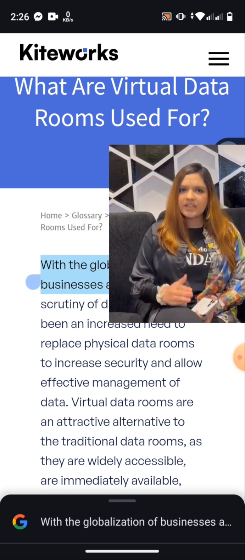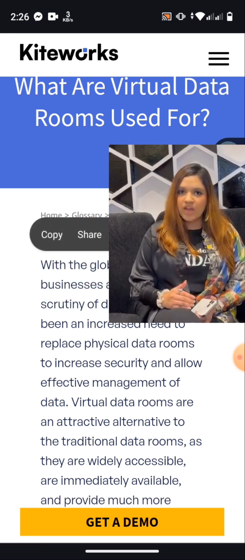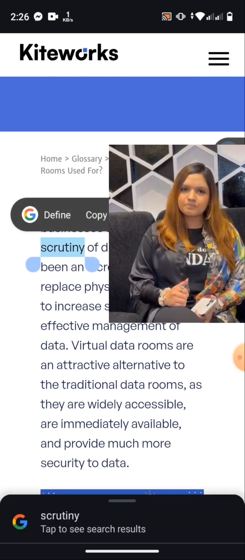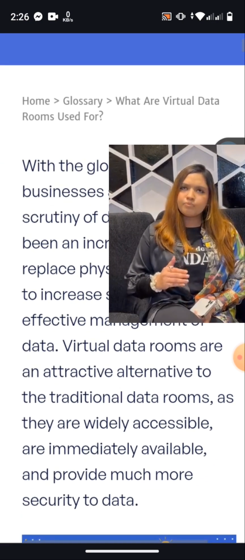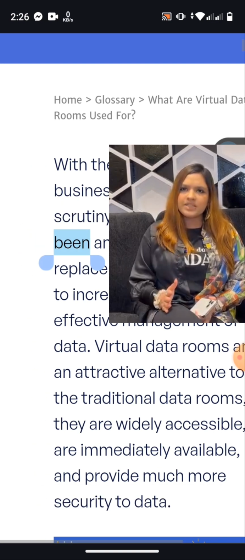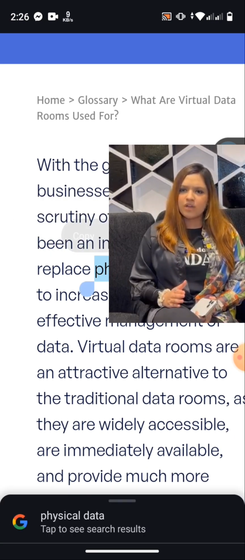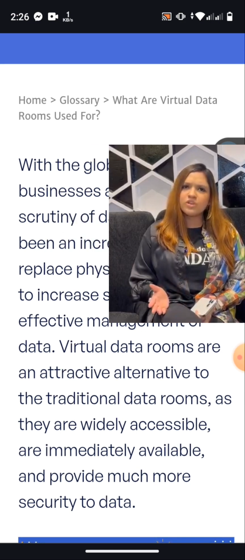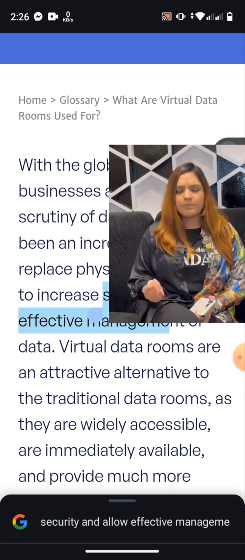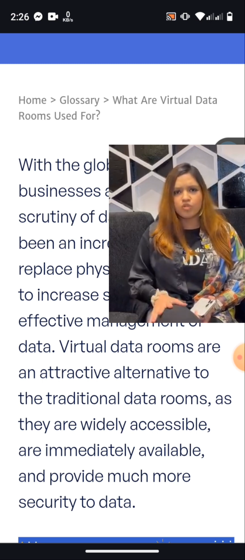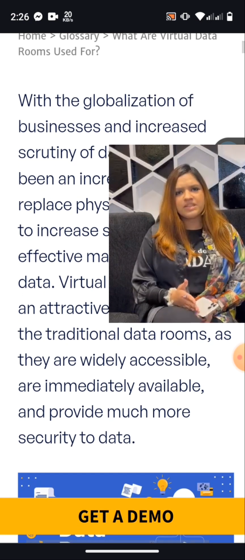It increases the security of data. Virtual data rooms replace physical data rooms to increase security and allow effective management of data.